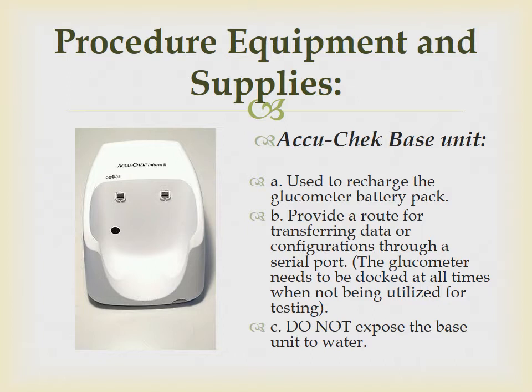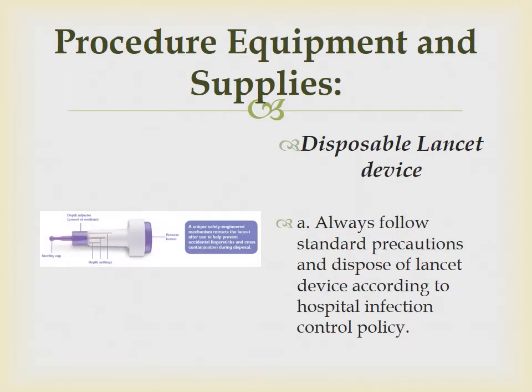The glucometer needs to be docked at all times when not being utilized for testing. Do not expose the base unit to water. For the disposable lancet device, always follow standard precautions and dispose of the lancet device according to hospital infection control policy.